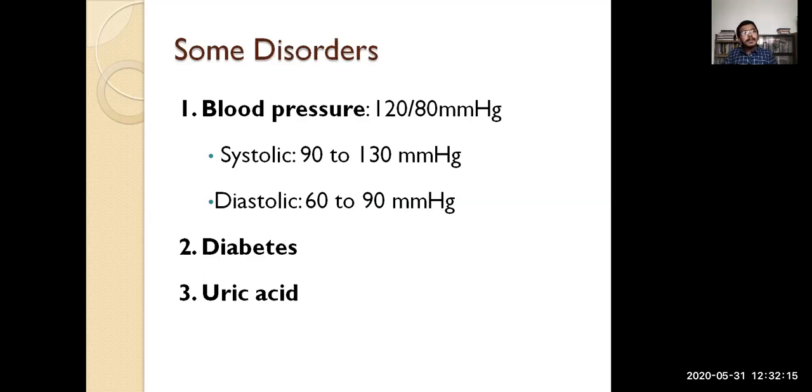But if, due to congenital or genetic reasons, the insulin from the beta cells is absent, then the excess amount of glucose in the blood can't be converted into glycogen. Due to that reason, the level of glucose in the blood goes on increasing. This condition is called diabetes.